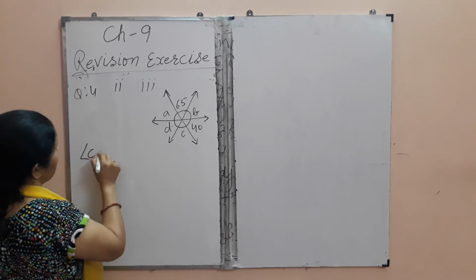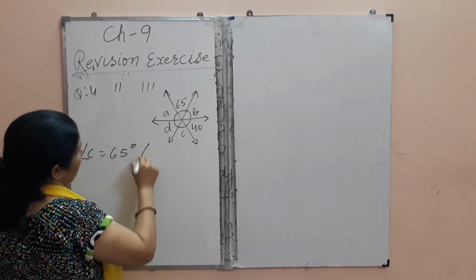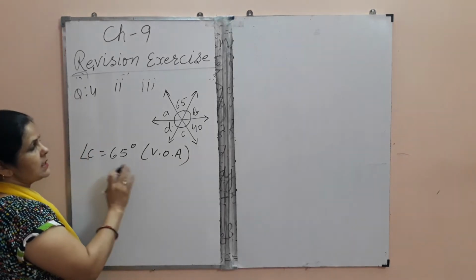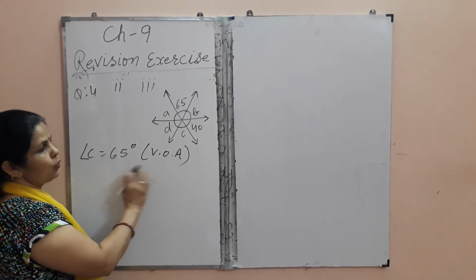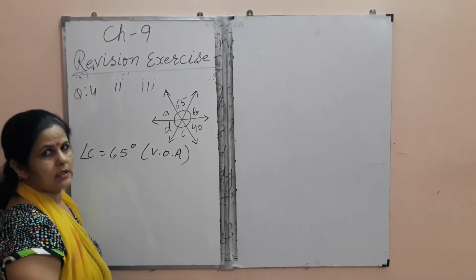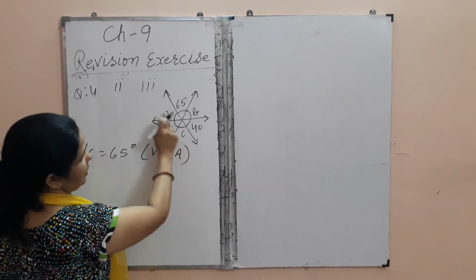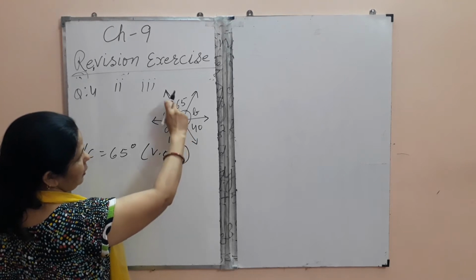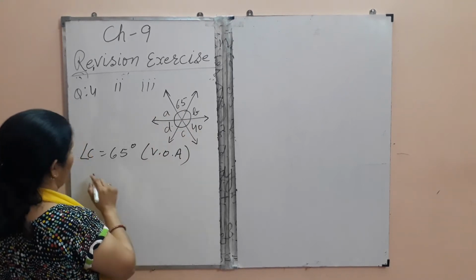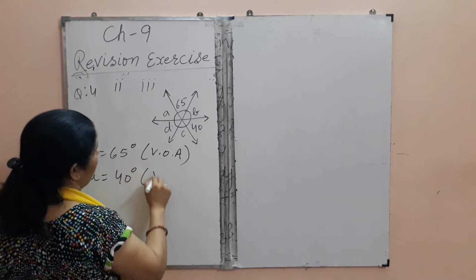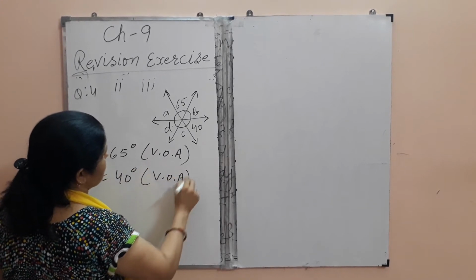So angle C equals to 65 degree, vertically opposite angles. Listen, you will see that wherever I am equating two things, I am writing the reasons. You also have to do the same. Now, A and 40 degree are also making the cross. So angle A equals to 40 degree, vertically opposite angles.